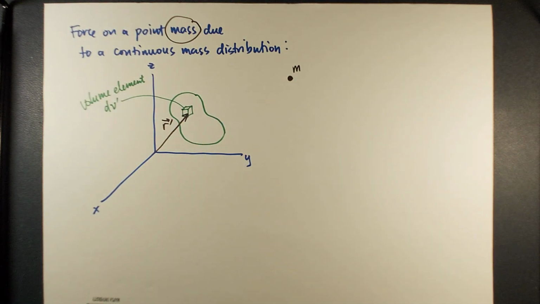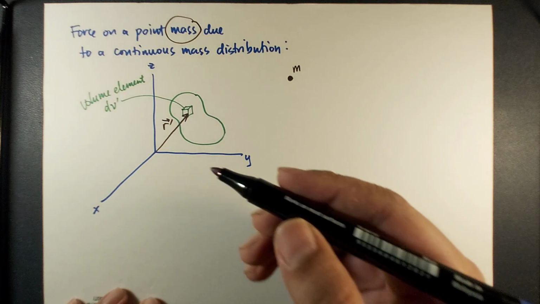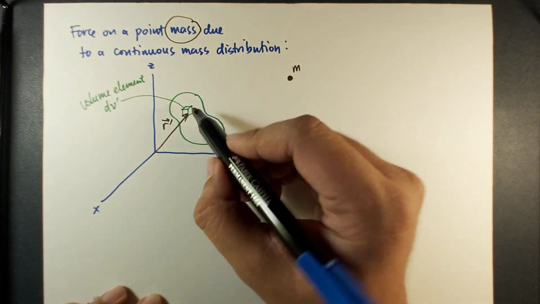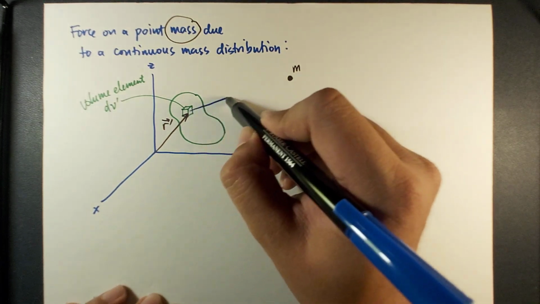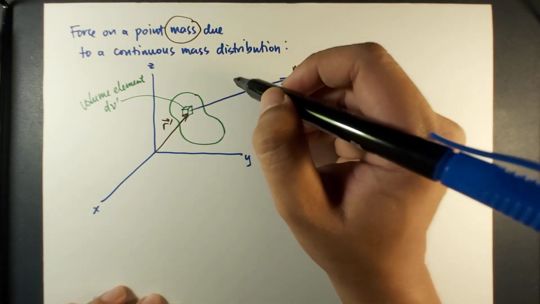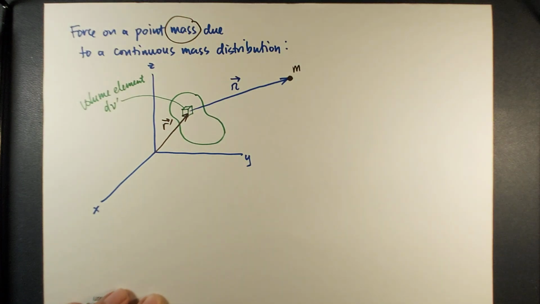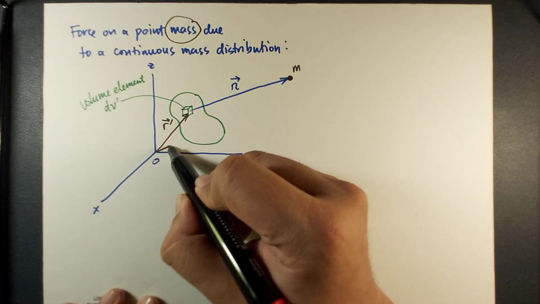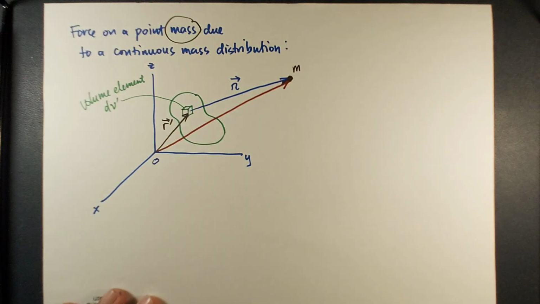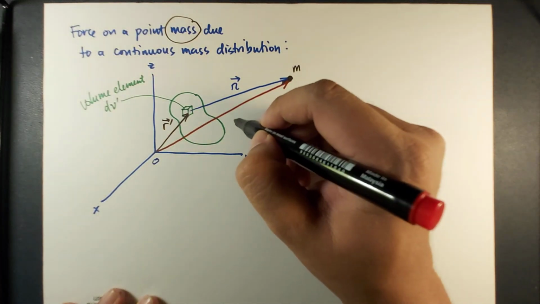So this m can be defined by two position vectors. The first position vector can be defined as the position vector with respect to the volume element. Let's call this script r. And we could also define this vector in terms of the origin, and the vector is drawn like this. So let's call this r.